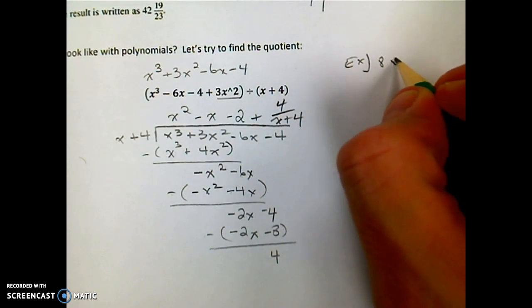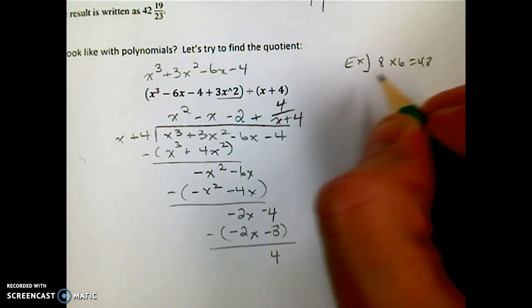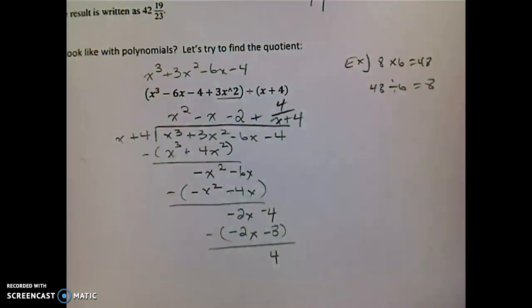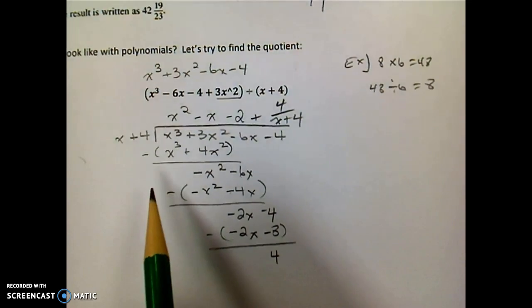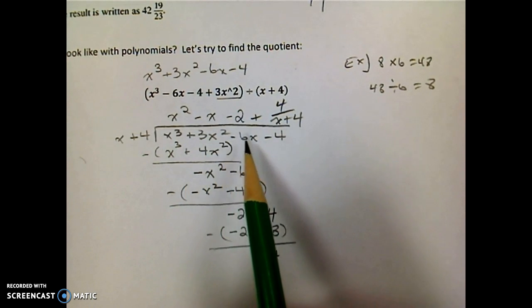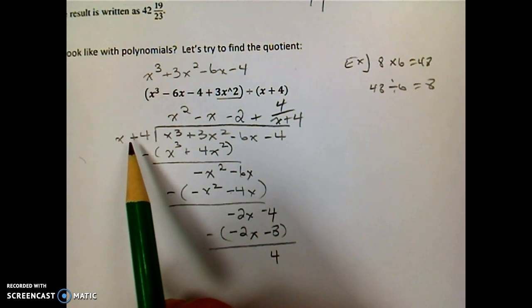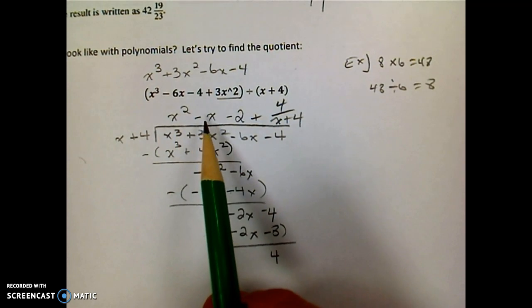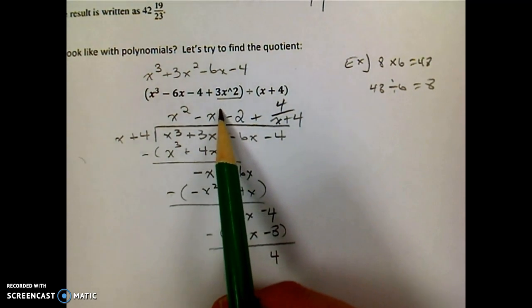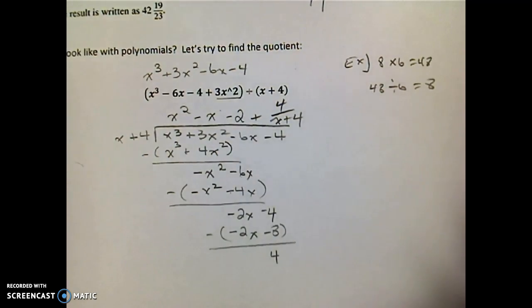For example, if 8 times 6 equals 48, then 48 divided by 6 equals 8. Conversely, if x to the 3rd plus 3x squared minus 6x minus 4 divided by x plus 4 equals x squared minus x minus 2 plus 4 over x plus 4, I should be able to take that quotient, multiply, and get this answer back.